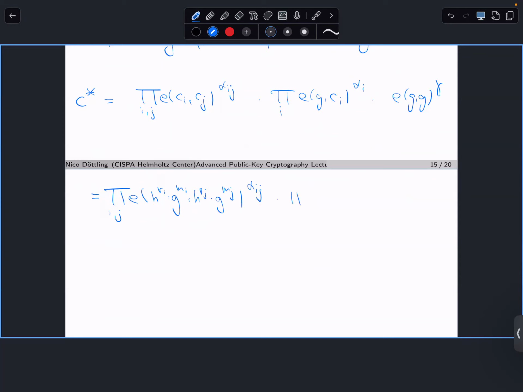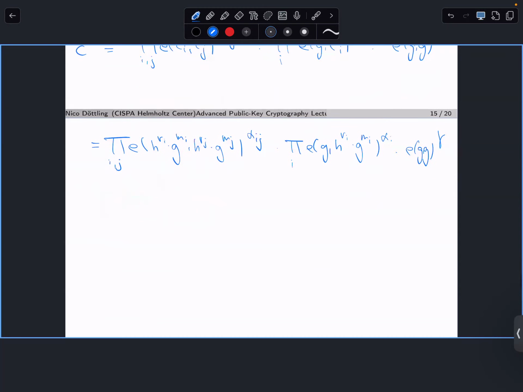Then we still have the linear part, which is E(g, H to the Ri times G to the Mi) to the alpha i, and E(g, g) to the gamma. Okay, now let's use the bilinearity of our pairing.